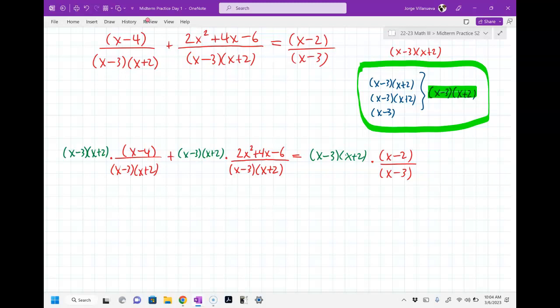Notice on the first fraction on the very far left, I can cancel everything out, right? I can cancel all of this stuff out. X minus 3, x plus 2, it's all gone. In the middle fraction, same thing, x minus 3, x plus 2, that's all gone. On the last fraction, only x minus 3.